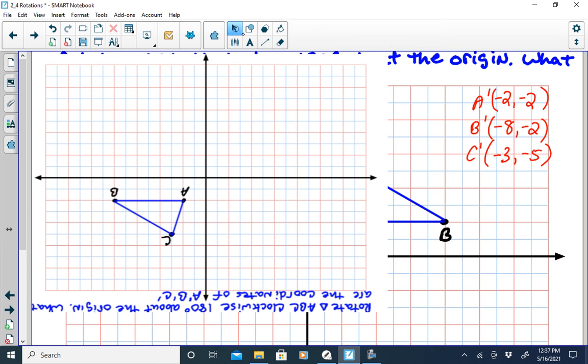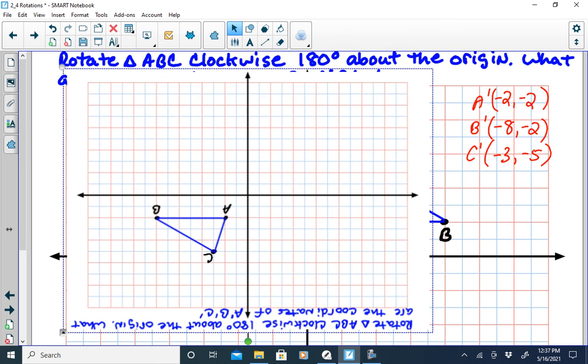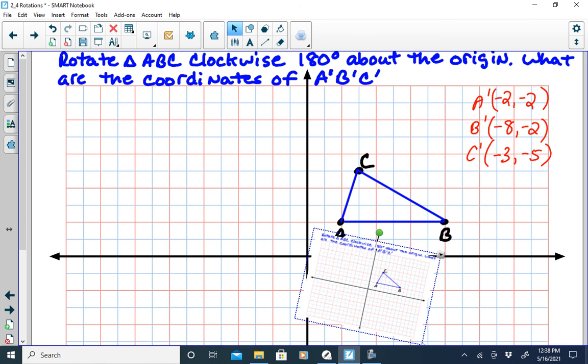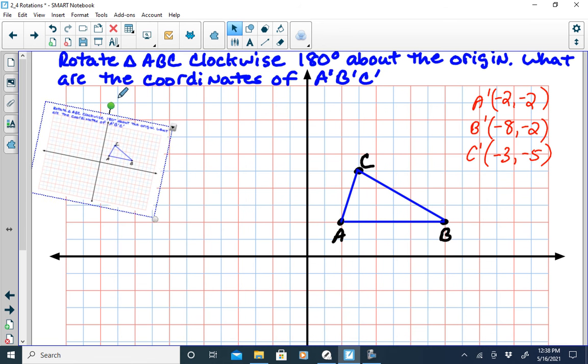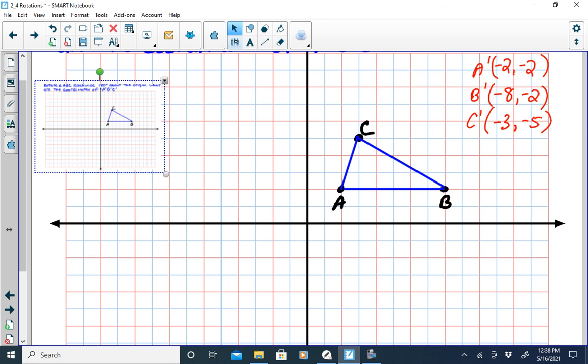Alright, so let me make this smaller, get this out of the way. Spin it back. And now that we have the coordinates after a 180 degree clockwise rotation, we graph the location of the image. So A prime is located at (-2, -2).